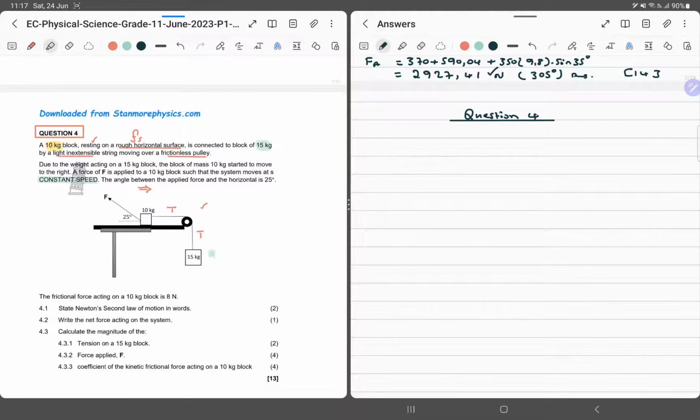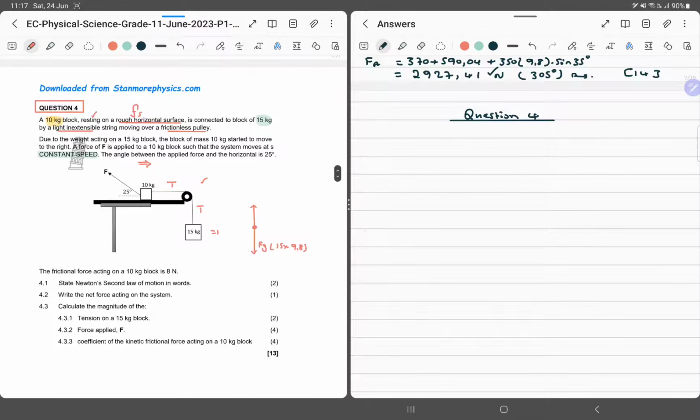If we focus on this guy, we will know that we've got tension going in that direction, and then we've got our gravitational force going in that direction. So this is Fg, which is going to be 15 times 9,8, right? And then we've got our tension going up.